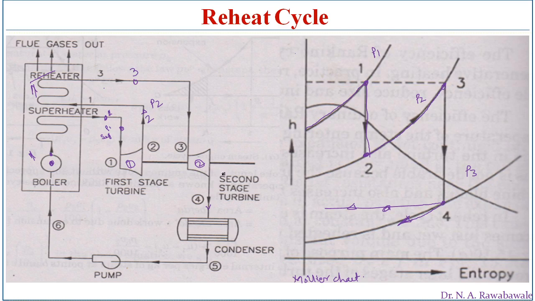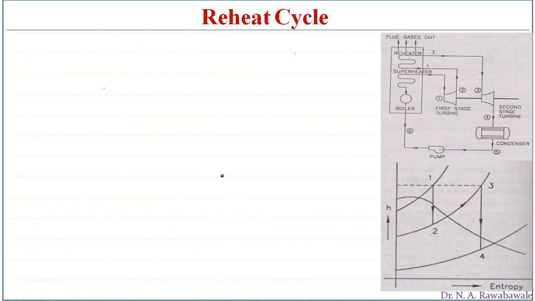So now, how does it help us to improve the efficiency of a cycle, that we will be discussing. So now we can see here the work is done in two stages. First, steam is expanded from point 1 to 2, and again steam is expanded from point 3 to 4.